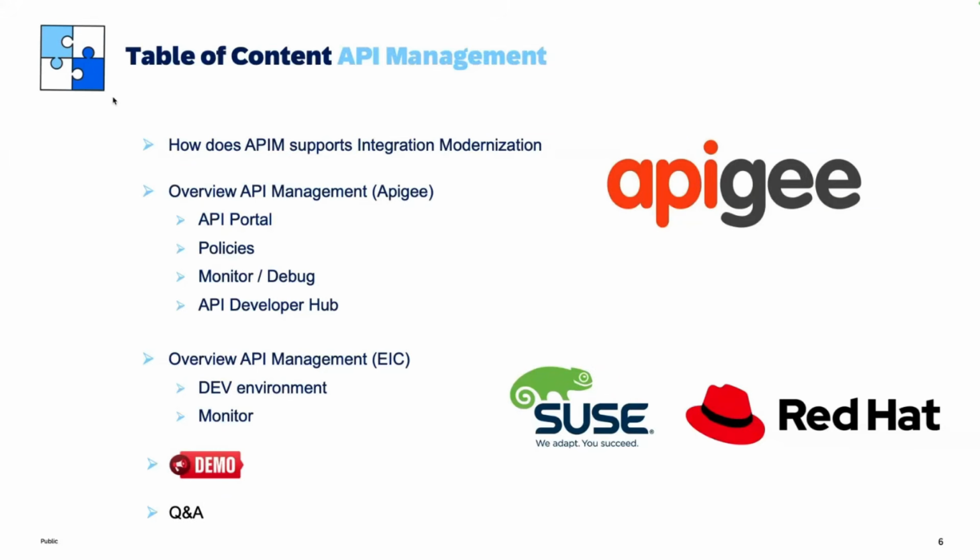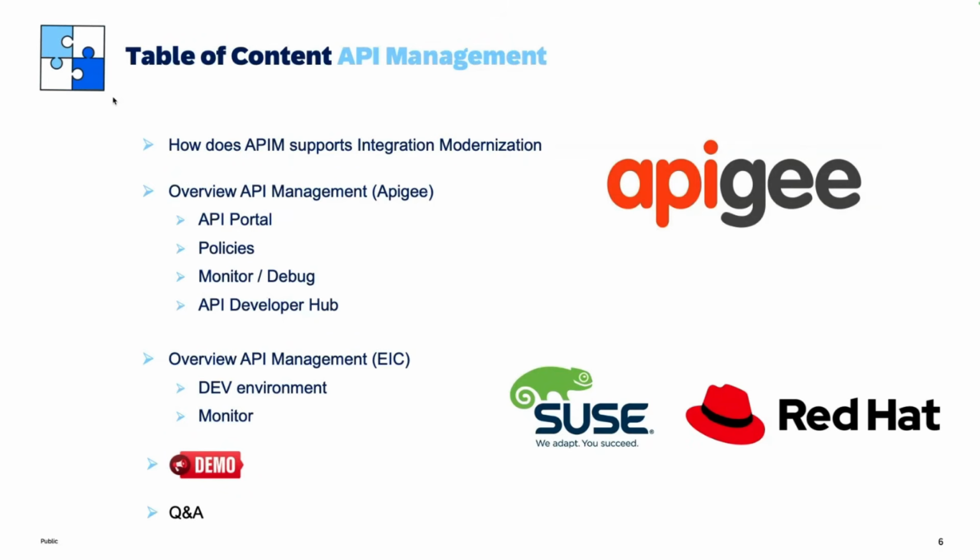Okay, so welcome all. Here's a quick overview of what we will cover in today's session. We will start by looking at how API management supports integration modernization, why it is a key component when moving away from traditional integration patterns and towards a more agile API-first architecture.